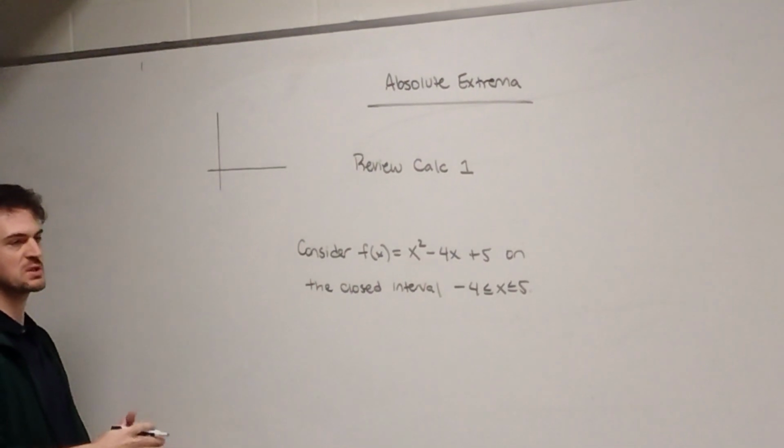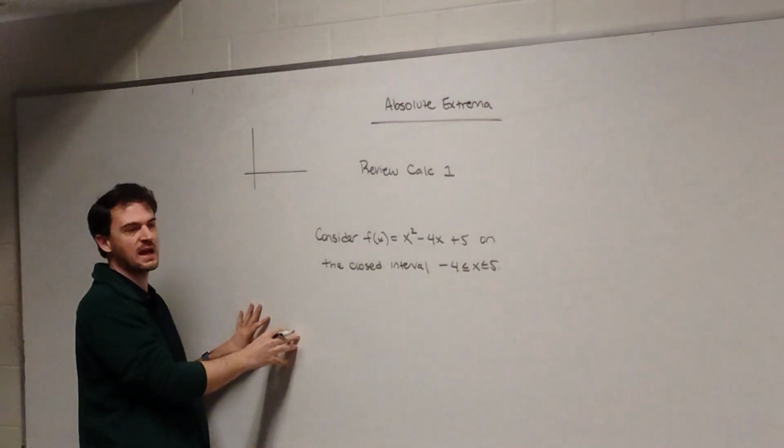So I'm going to kind of give us what the graph looks like, maybe kind of give us the answer at first, and then we're going to work through the algebra of how to actually find that answer.